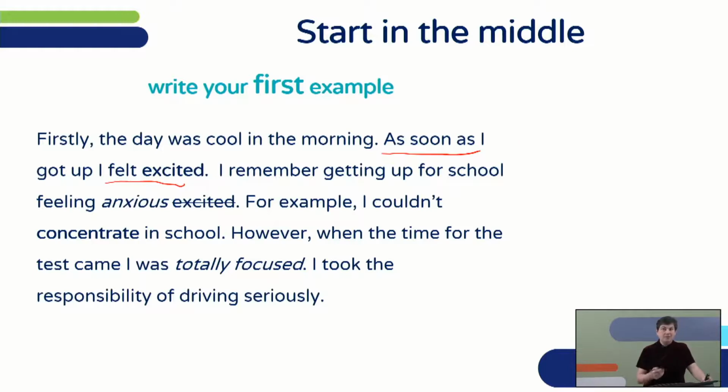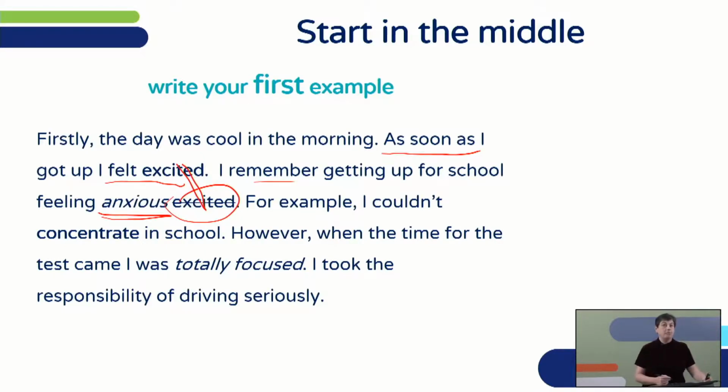I remember. We need to write something I'll never forget. So I remember means I didn't forget. Getting up for school and feeling anxious. I could have written excited again, but then I'd have excited twice. And I don't want to use the same word twice because I'll lose vocabulary points. I want to use another word that means excited.